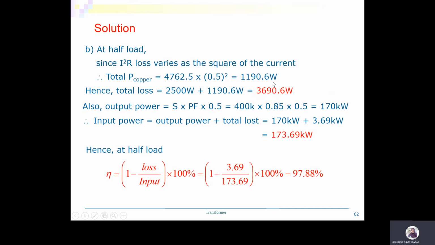So you will get the total copper loss for half load is 1190.6.